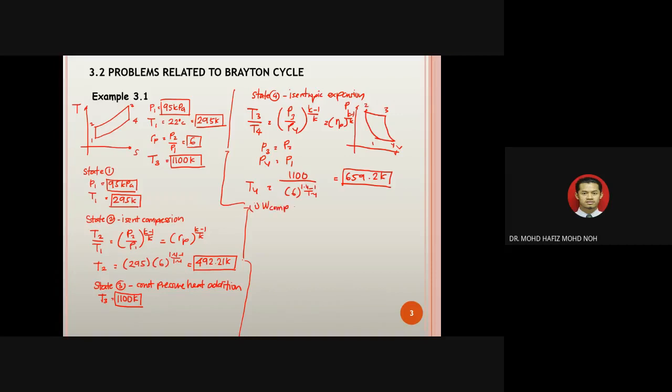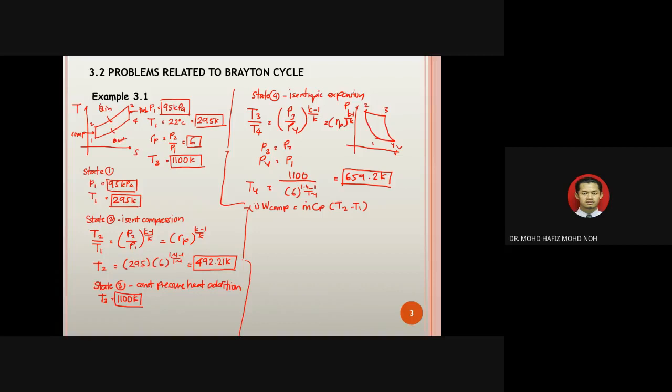Compressor work can be determined by mass flow rate times Cp times (T2 minus T1), because you know that here is the process at the compressor, here is the process at the turbine, here is where the Q in occurs, and here is Q out. The first question is compressor work.